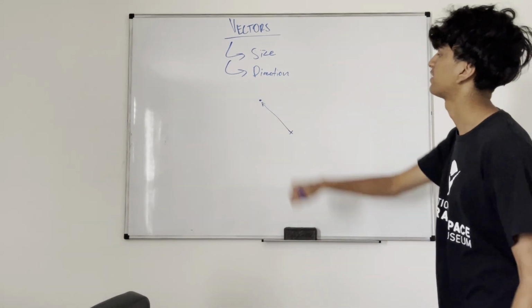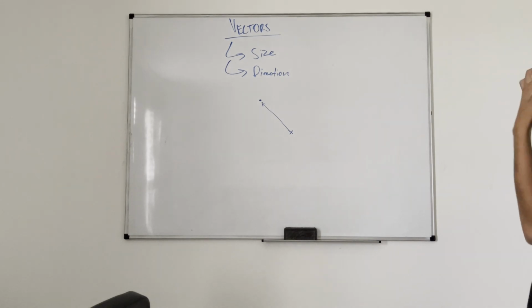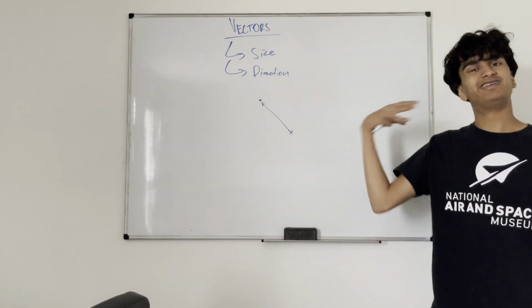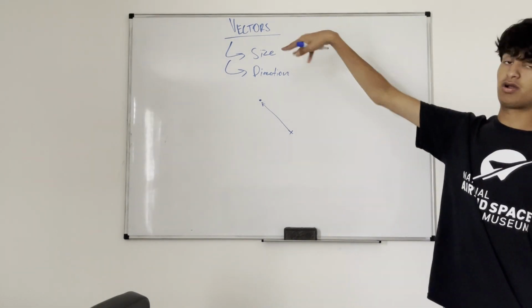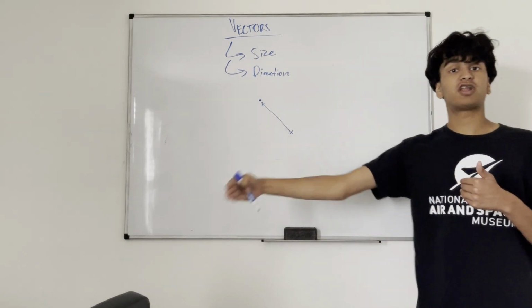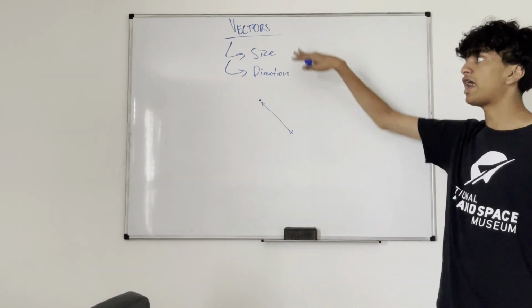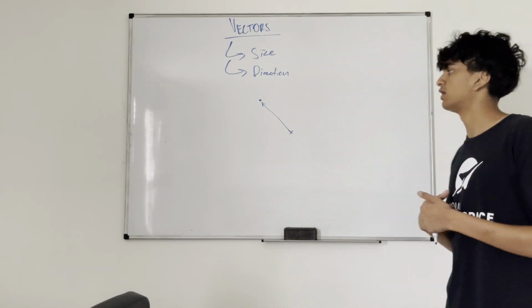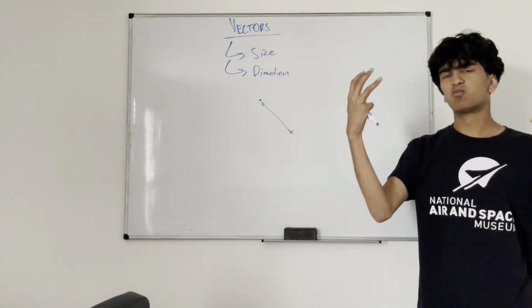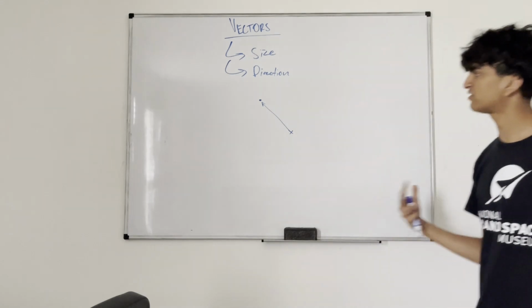I follow this path, and I want to figure out what is my distance. So I'm solving for the size of the vector. How far did I travel? If this was a velocity vector, size would mean what is your speed. I'm going to deal with distance just because it's easier to grasp intuitively, in my opinion.